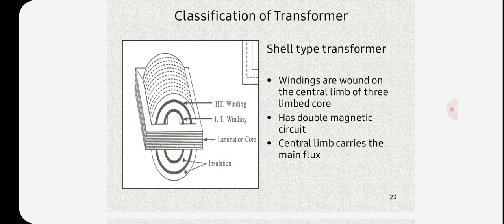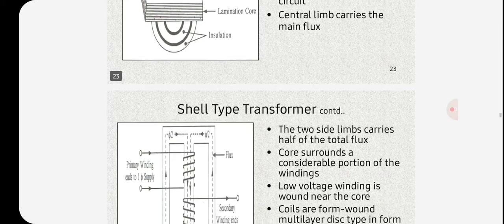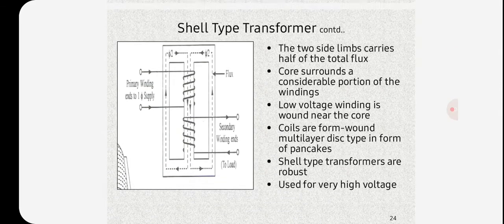It has a double magnetic circuit. The central limb carries the main flux. The LV and HV windings are placed on the central limb. Hence, the winding is surrounded by the core.